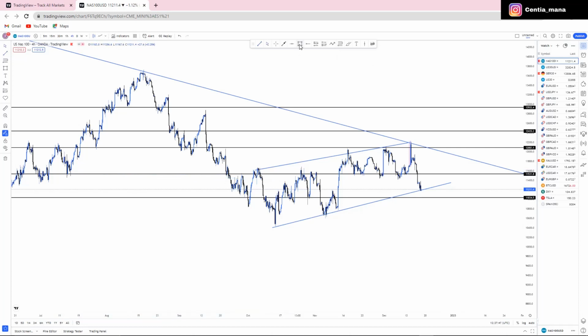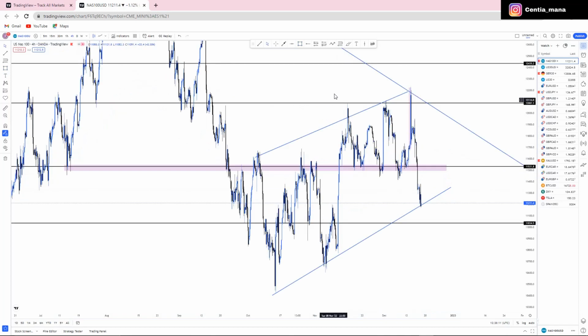So anyways, right here we have an important price level just because of how the market rejected so much on this price level. Let's focus right here, right? Let's just focus on what is happening here. Now, when analyzing for CPI, this price level played a major role in finding the direction, right?